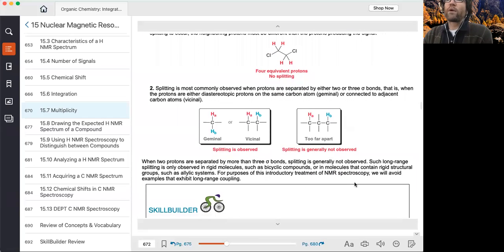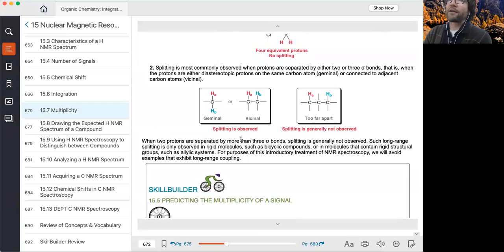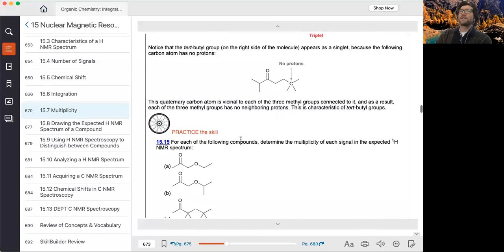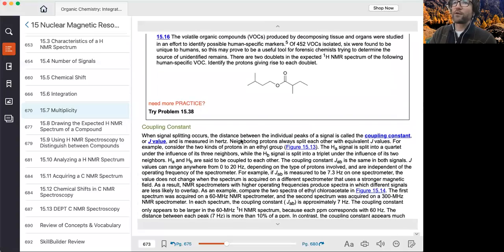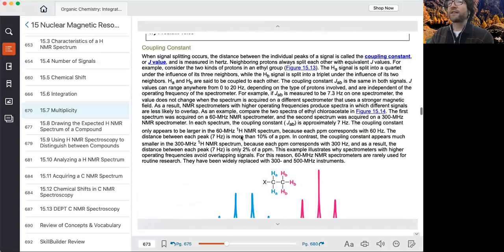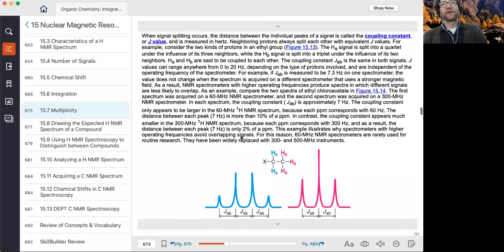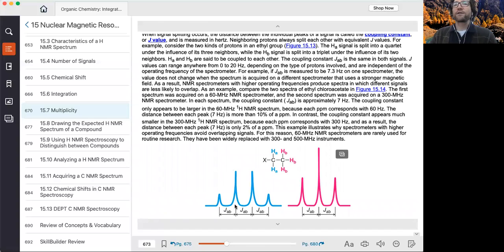Now, when the two protons are separated in a vicinal manner, like this, we then talk about the coupling between the two protons. And to talk about the coupling between the two protons, we talk about the coupling constant, or J value, which is measured in hertz. And the J value tells you the number of hertz in between each peak.